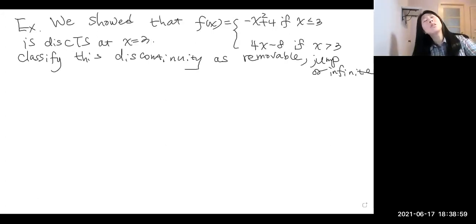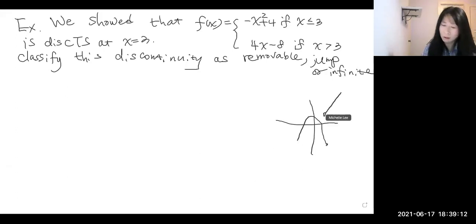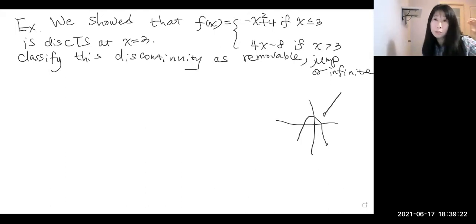So how did we do this one? Let me sketch it approximately like that. Remember we did that? So it's a jump discontinuity. It's a jump. If this is a jump, then we're going to show that the one side limits do not agree, right?